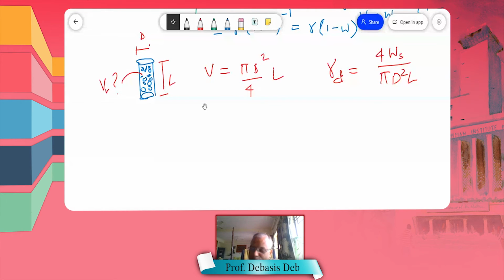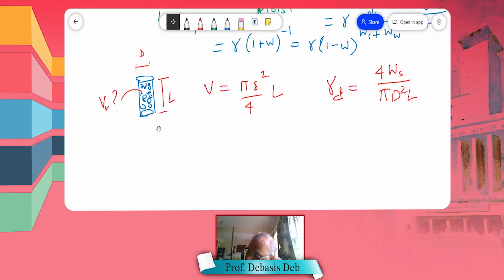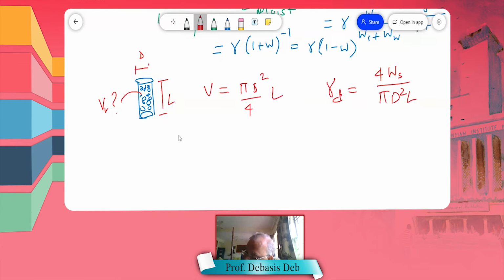Don't make that powder, but it should be sandy only. And there is something called a pycnometer. A bottle is just a pycnometer bottle. If I can draw it, it's something like this. A small bottle which basically takes about 50 ml of total volume.